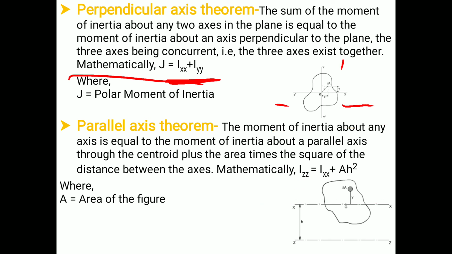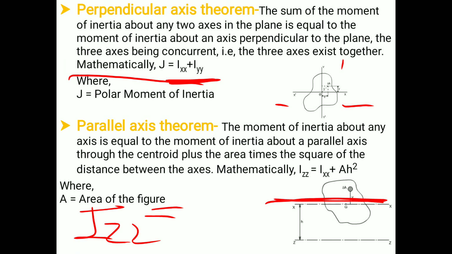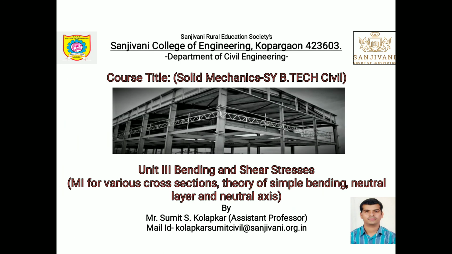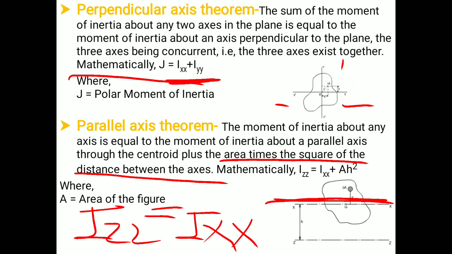It means that if we have to apply the parallel axis theorem for any axis zz, Izz is equal to the moment of inertia about the parallel axis passing through the centroid, Ixx, plus the area times the square of the distance between the axes, that is A h square, where A is the area of the figure. This is all about the parallel axis theorem.